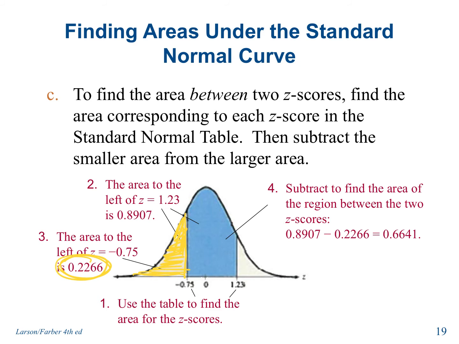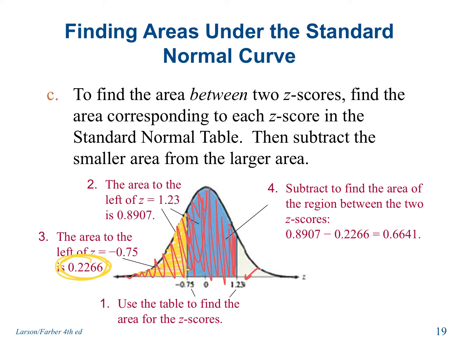If you look up the area to the left of 1.23, this red shaded region, look up a z-score of 1.23 in the table.